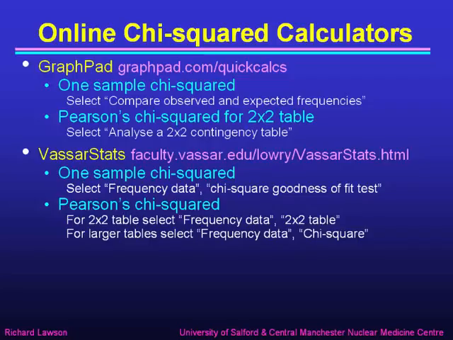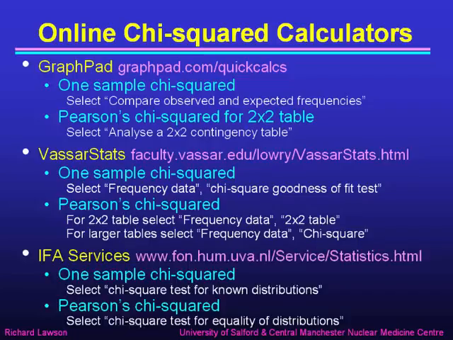If you want to do a 2x2 table, select frequency data and then 2x2 table, or Pearson's for larger tables than 2x2, select frequency data and then chi-squared. IFA Services give the one sample chi-squared test under chi-squared test for known distributions, and Pearson's chi-squared selecting chi-squared test for equality of distributions.